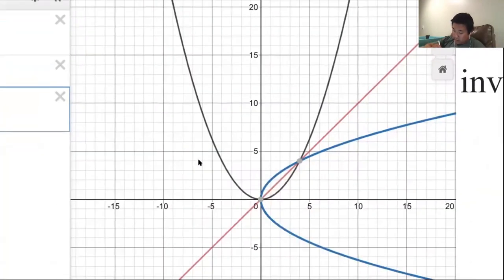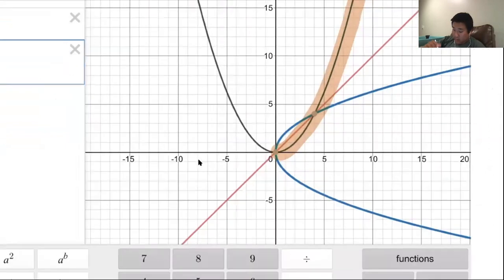When x is greater than 0, it's this portion. And then the corresponding part will be this.